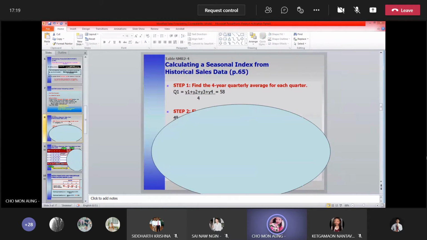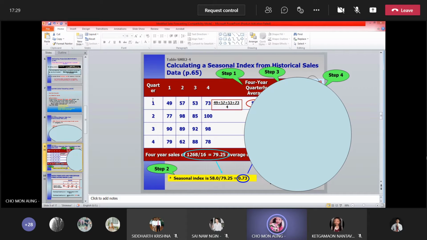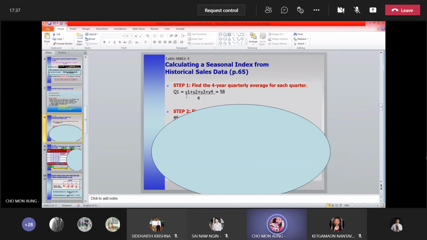All right, so when we do step 1, finding the 4-year quarterly average for each quarter, I'm showing you this is for quarter 1, right? But when we look at the number of quarters, in 1 year, there are 4 quarters. So take note, okay? Step 1, you do it for quarter 1 to quarter 4. That means you do the calculation for quarter 1, quarter 2, quarter 3, and quarter 4.